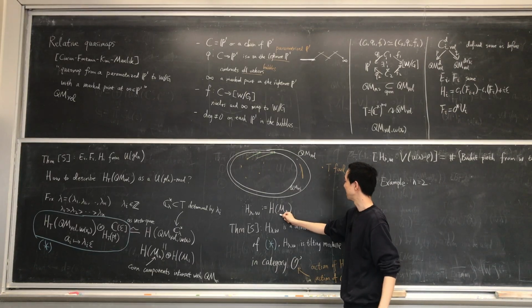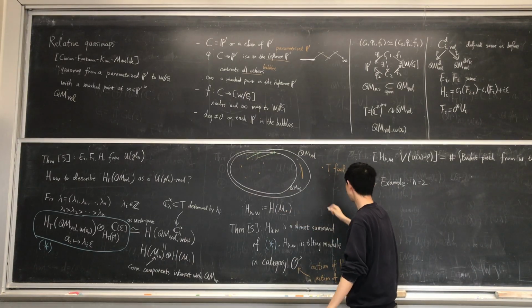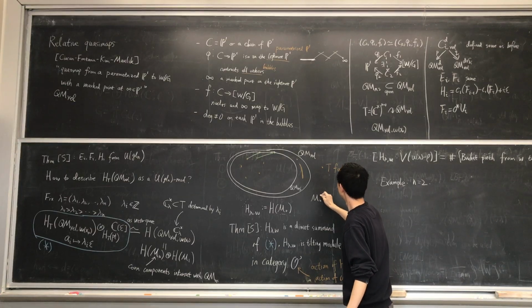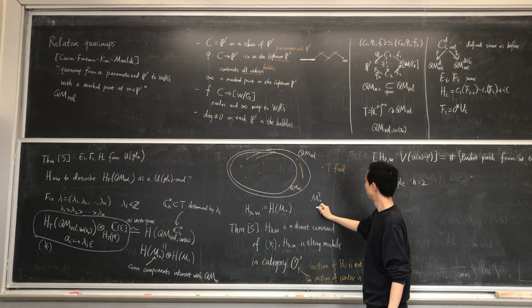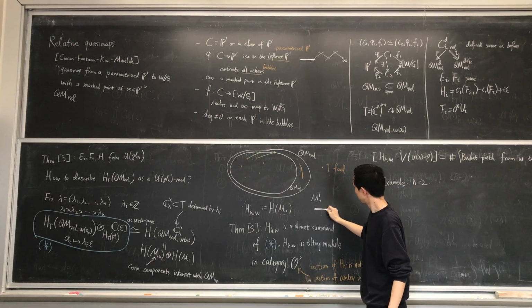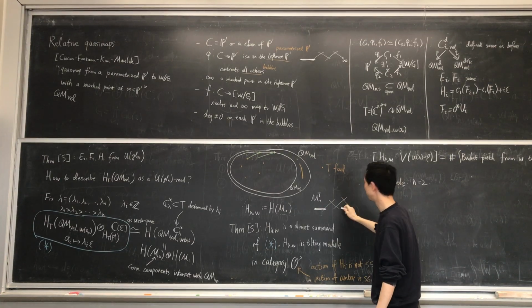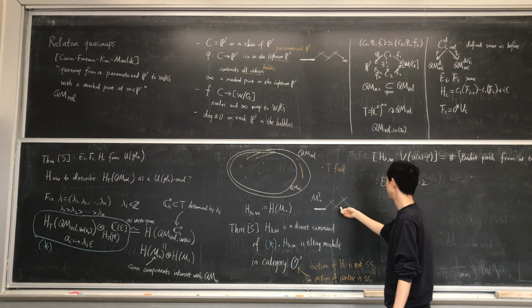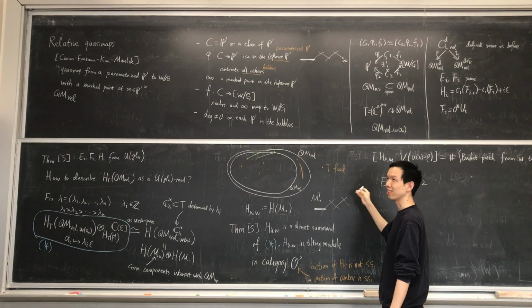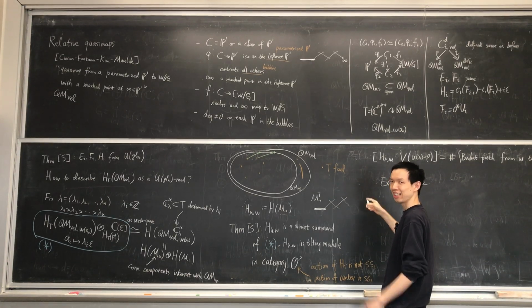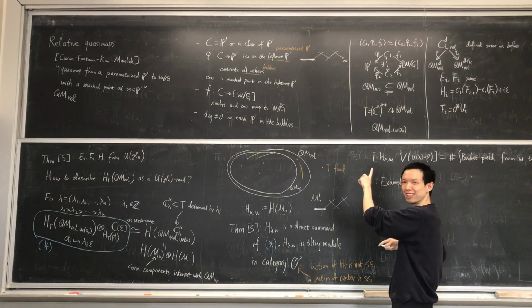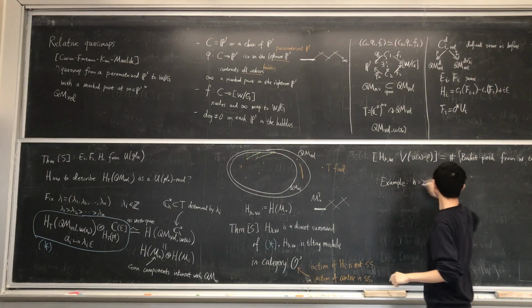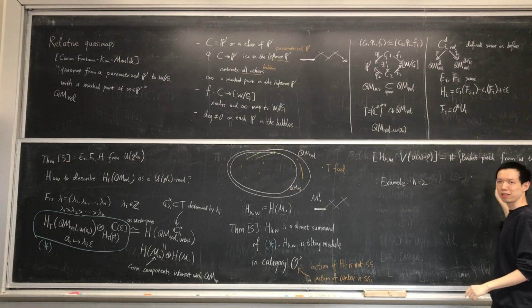You can show that any T fixed point in M0 is given by, first, a parameterized component, and then each bubble must cover an invariant curve in the flag variety, and it must go in a certain direction from the smaller one to the bigger one. That's why this Bruhat path appears.